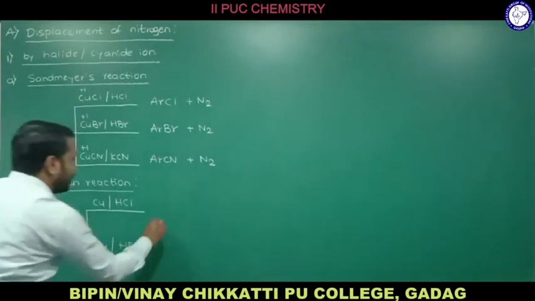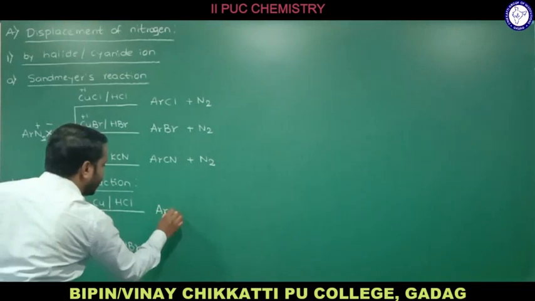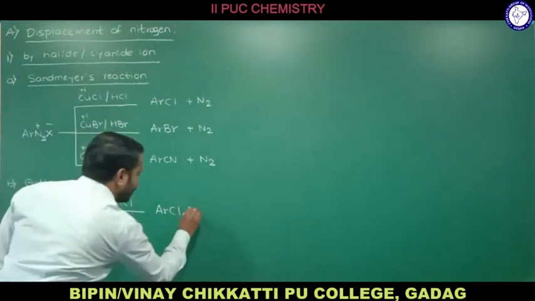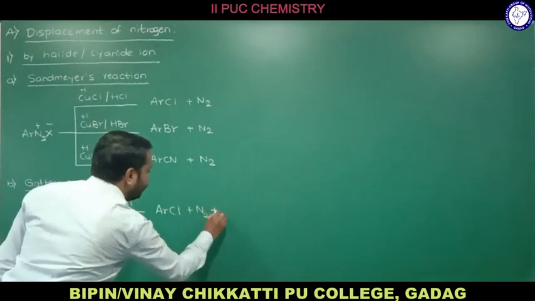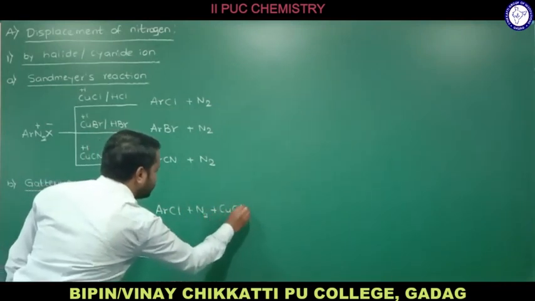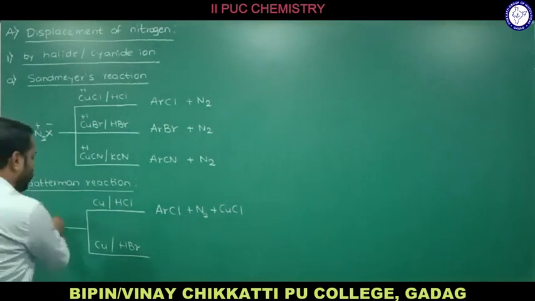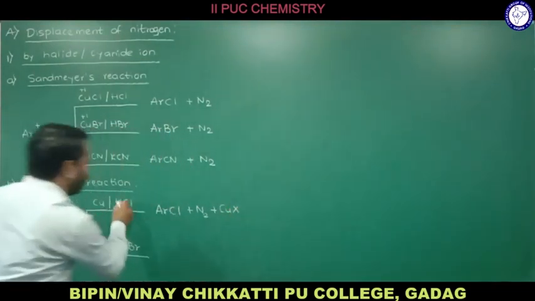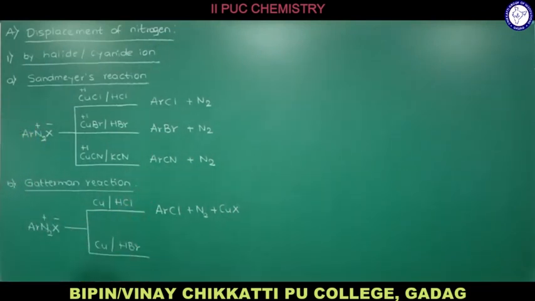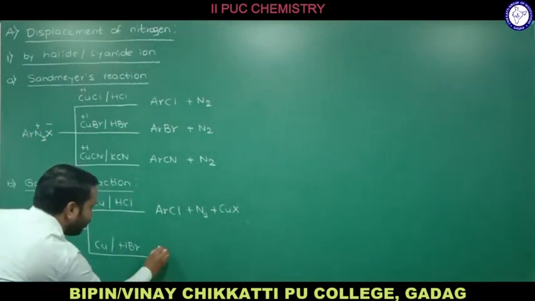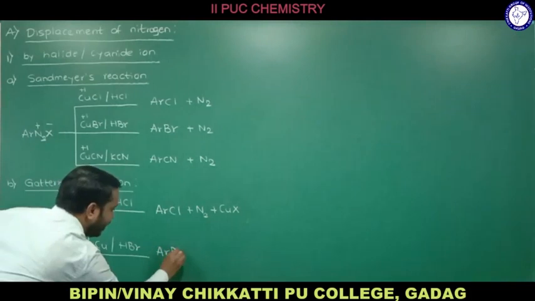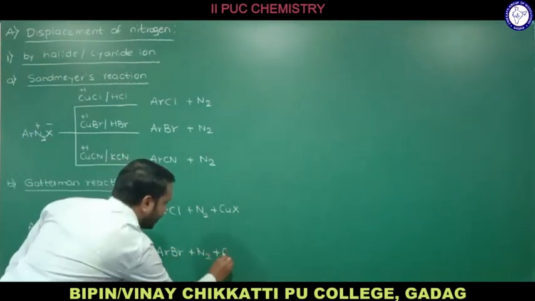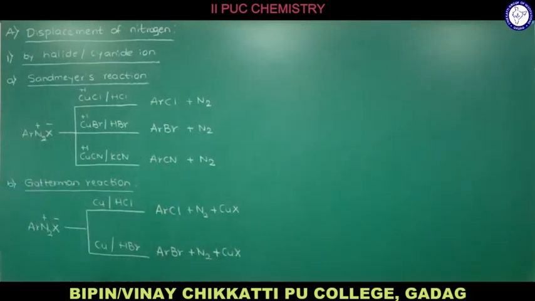In the first case, the compound we get is ArCl, the gas released is nitrogen, and we get CuX, because the Cl minus nucleophile has been attached to this benzene ring. In the second case, since we have HBr, we get ArBr, plus nitrogen gas is released, and here we get CuX as the byproduct.